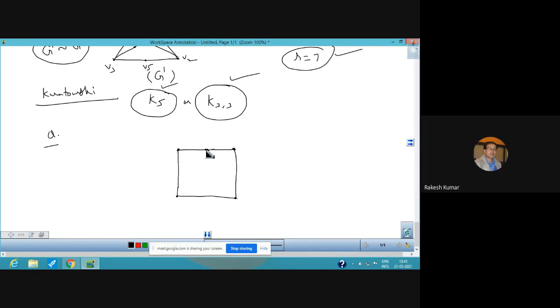Now we can draw a rhombus inside of this square. Now there are other vertices. This is a vertex, vertex, vertex, and a vertex. Now this is attached here.